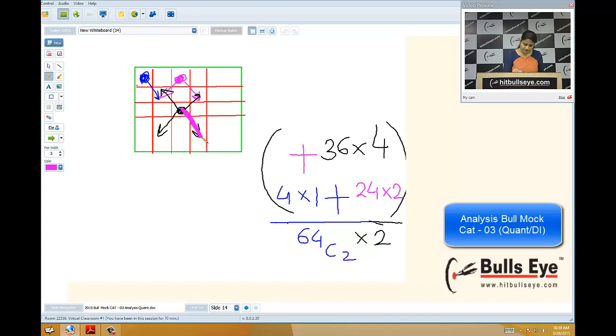And when I was counting interior squares, I was counting the same combination, this bold pink. That's why I'm taking all the cases twice. To balance this, I'm dividing it by 2. So this is the answer.